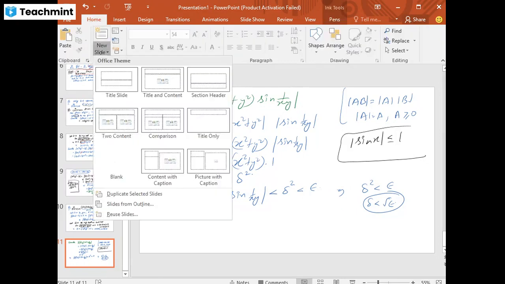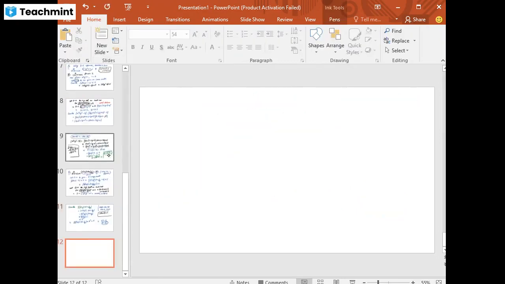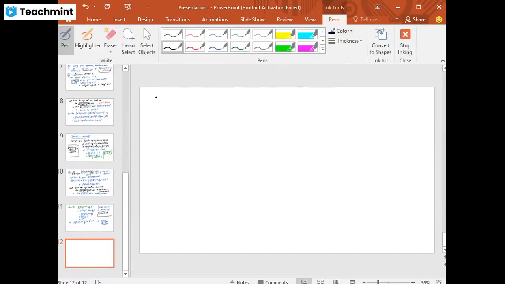Now let us consider one more problem. I'm trying to choose a different kind of problem to establish the result. So this time I'm considering the limit as xy approaches 0, 0 of x cube plus y cube upon x square plus y square equal to 0.